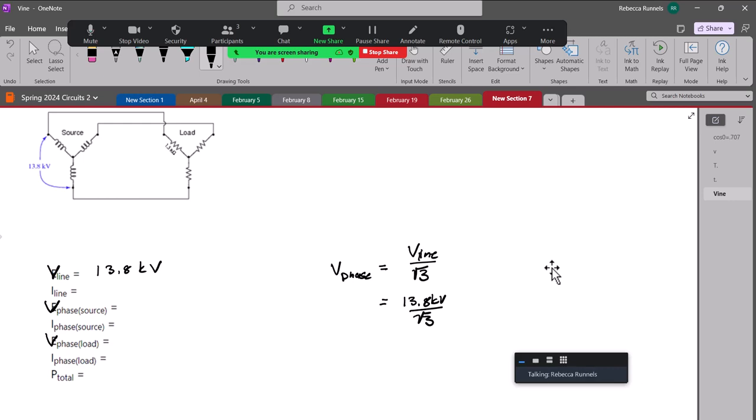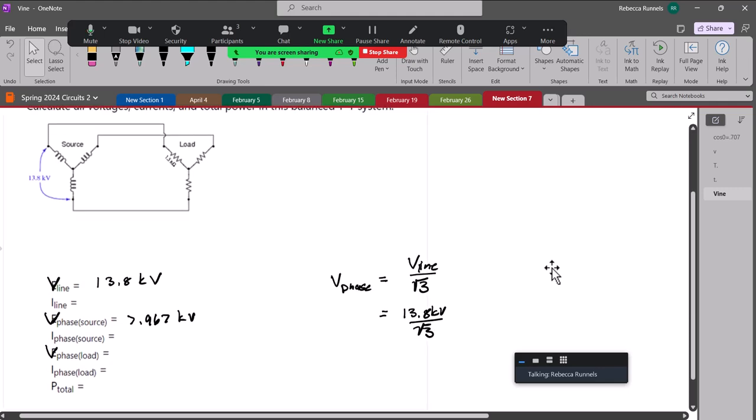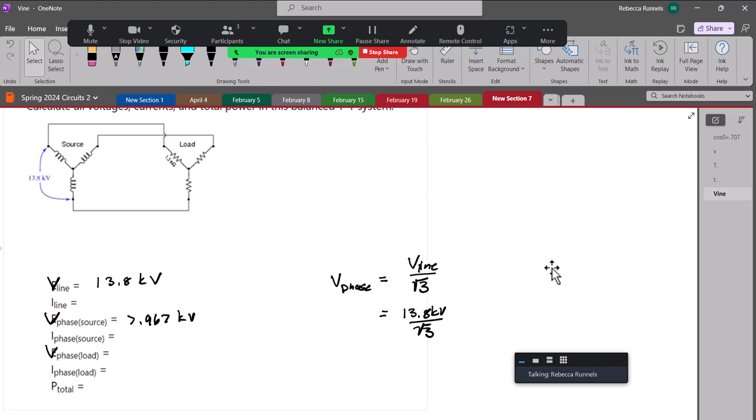And that gets 7.967 kilovolts. Now, our source and our load are completely symmetric to each other, so if this is the phase voltage on the source, it should be the same as the phase voltage on the load. So that will be 7.967 kilovolts.